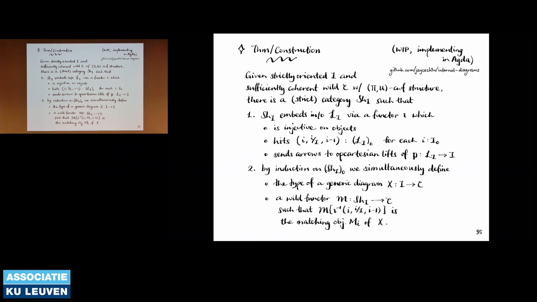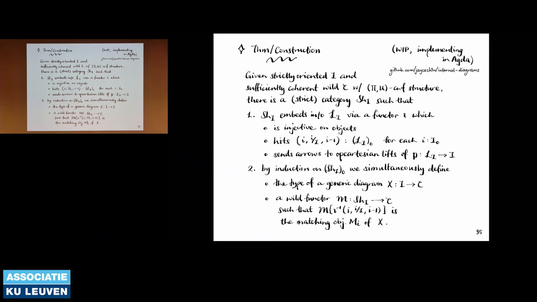And it sends arrows to up-Cartesian lifts of this bifibration that I mentioned earlier. Okay. What's the point of this? Well, then by induction on the objects of this category, we can now simultaneously define the type of a generic diagram from I to C, a functor from I to C, using the CWF structure that we placed on C.